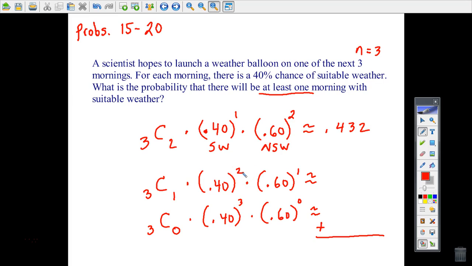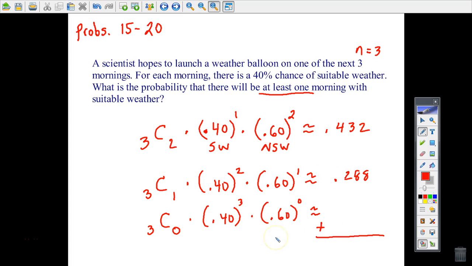Well, two successes, let's get that. So 3 NCR 1 times 0.4 squared times 0.6 to the first. 0.288. Got a little better.